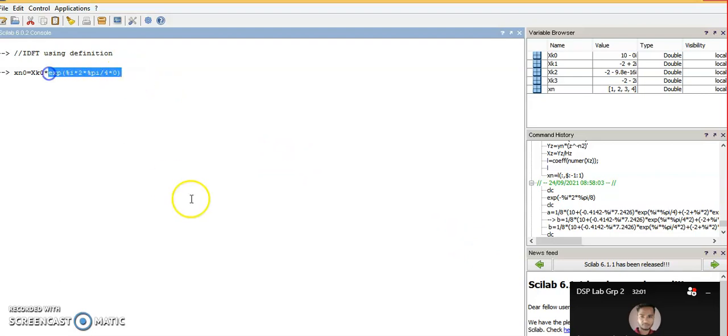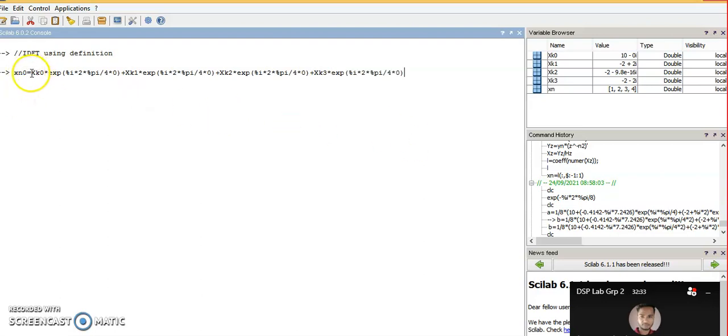Let me copy that. Then xk1, here it will also be 0, plus xk2, sorry, here multiplication came, xk2 multiplied by this thing, plus xk3, which we have just calculated, xk3 into this.